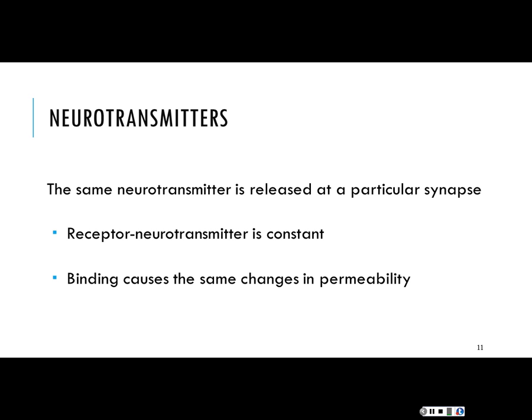And because the receptor is the same, the structure is the same, what else is the same? Function. The function and the effect. So at a synapse, the postsynaptic cell will always do something. It will always depolarize, or it will always hyperpolarize. Or if it's a muscle, it will always contract. Or if it's a different muscle, it may always relax.